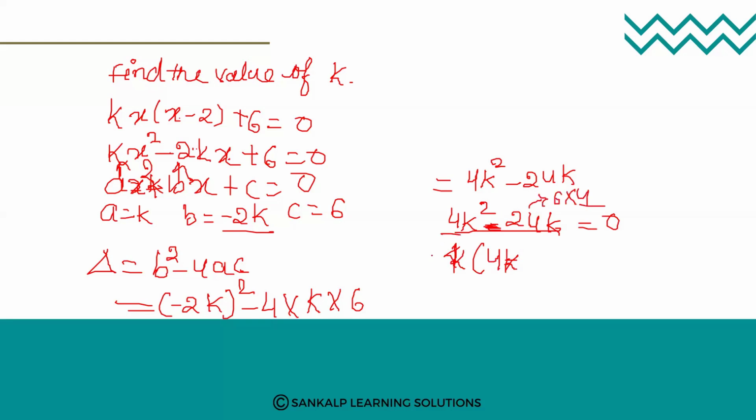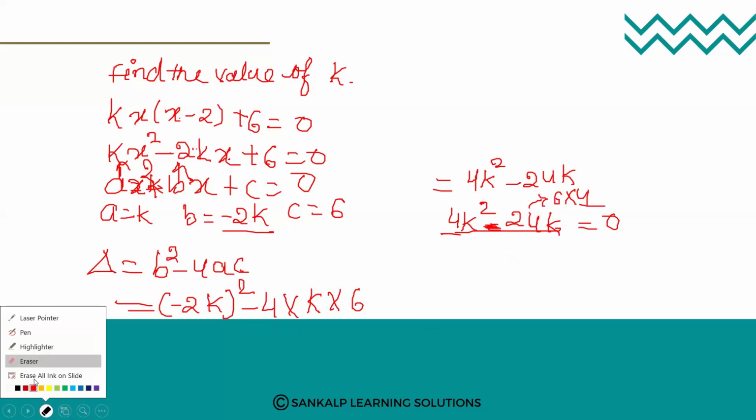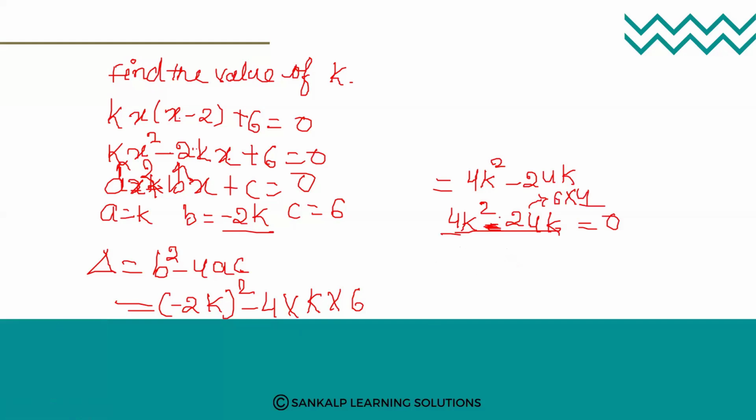So 4k is common. Here also 4 is there, here also k is there. So 4k is common. So in the bracket, we will have k minus 6 equal to 0.